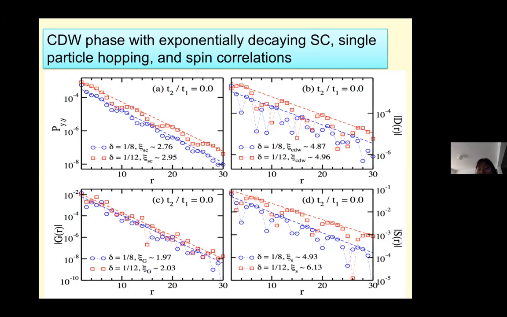Maybe that's because the quantum fluctuation is not so strong, so the local density gives a better description. We look at the single particle and the spin, which both decay with a short correlation length, but the spin correlations are much stronger than the single particle Green function, and also stronger than the density correlation. That leaves room for further study of spin correlation in wider systems.